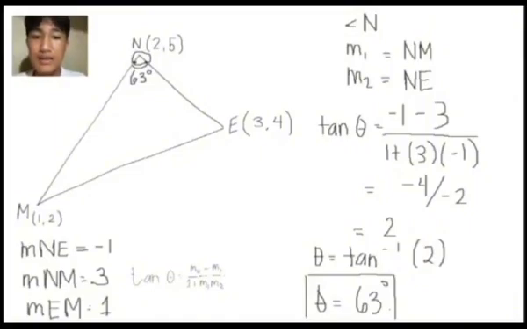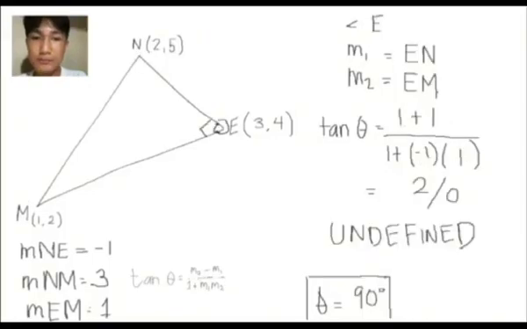So tan theta equals -1 minus 3 over 1 plus the product of 3 and -1, which is -4 over -2, equal to 2. So theta is equal to arctan 2, which equals 63 degrees. So angle N is 63 degrees.